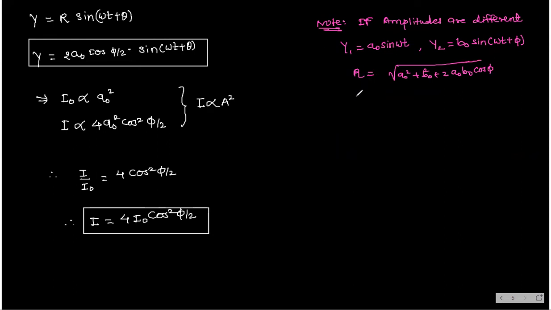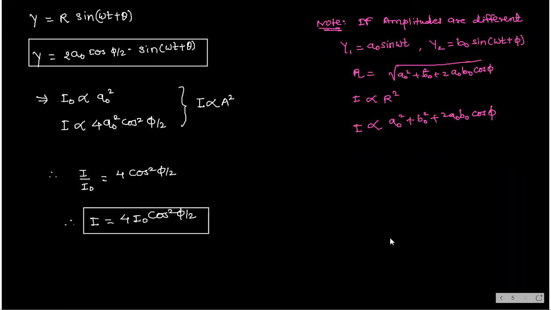And intensity is directly proportional to R square, because R is the resultant amplitude. So I is directly proportional to A naught square plus B naught square plus 2 A naught B naught cos of phi. Okay, understood? Clear?